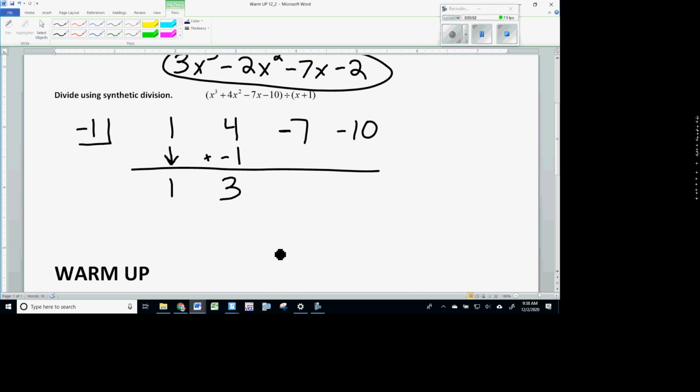Negative 1 times 3 is negative 3. And then straight up and down, you add. Negative 7 plus negative 3 is negative 10. Then you multiply. Negative 1 times negative 10 is 10. And now you add, and you get 0.